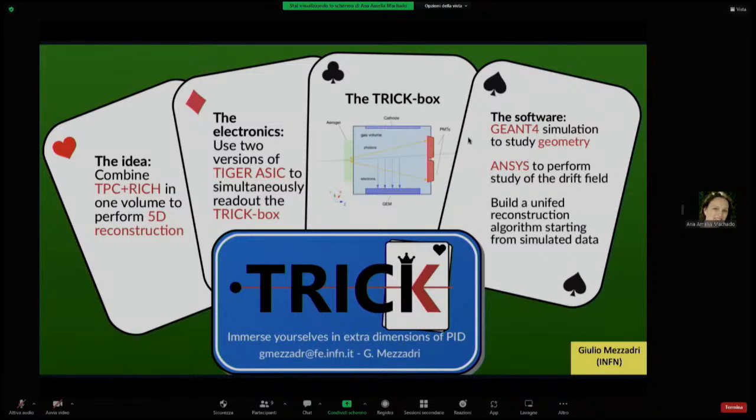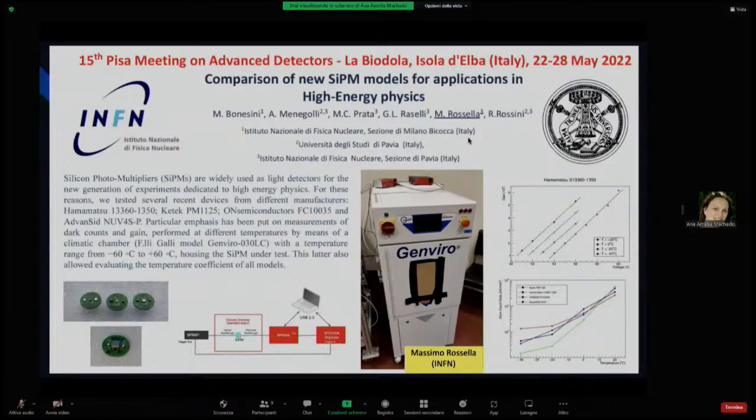Next one. So here the group of Pavia performed measurements of different types of silicon PMs from different producers.